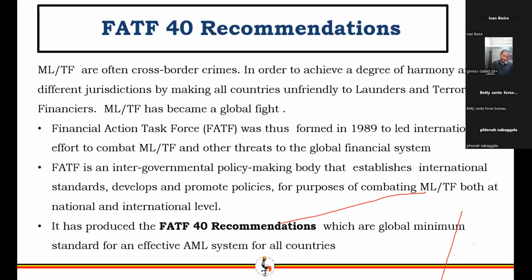So what is FATF? FATF is the Financial Action Task Force in full. So where you hear me use FATF, that's what we mean. And what is it? It's an international body responsible for formulating policies on the prevention of money laundering and the combating of terrorism financing.